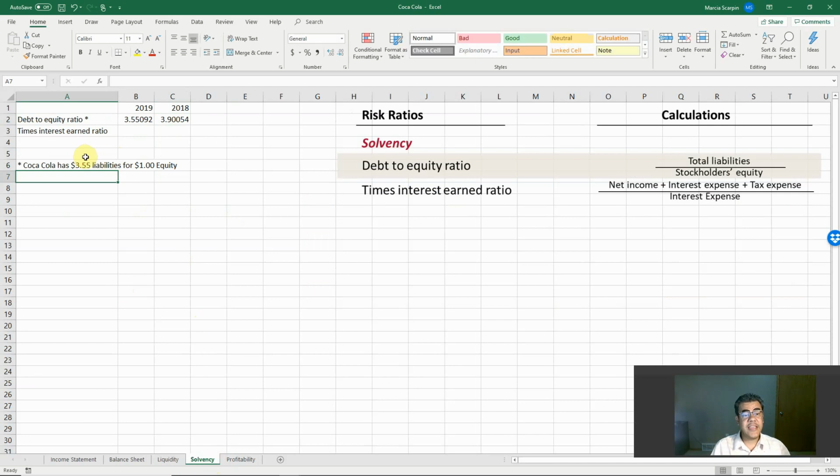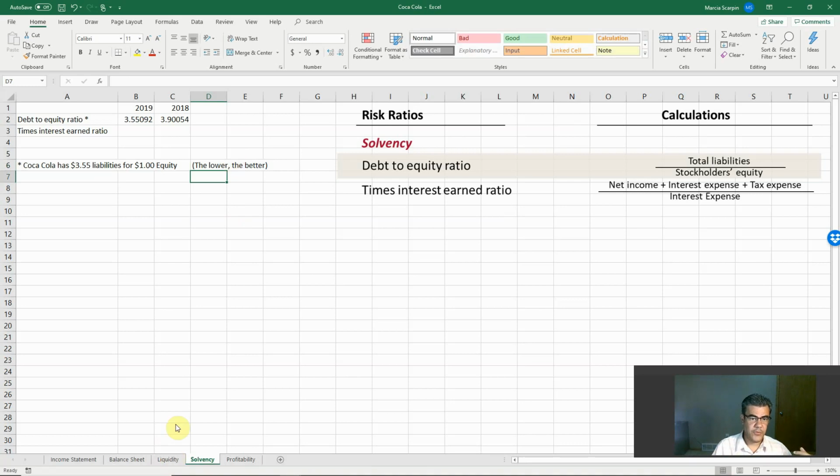And here, for this index, the lower the better, because it is not good to have a lot of liabilities here. So the lower the better.